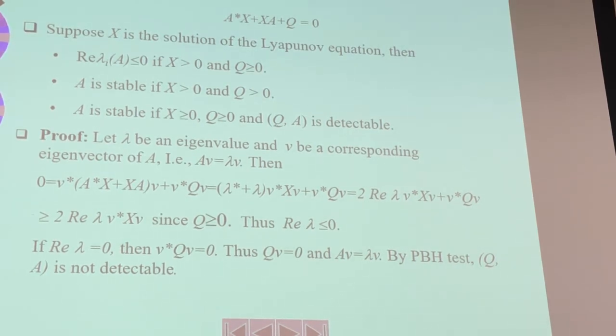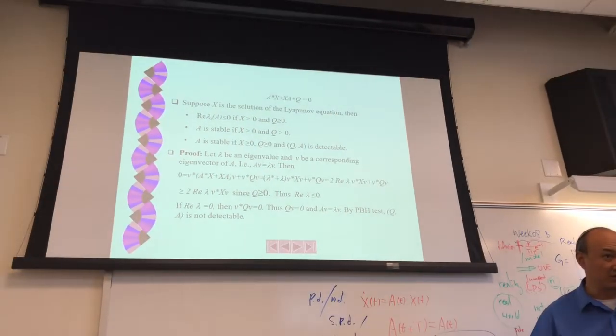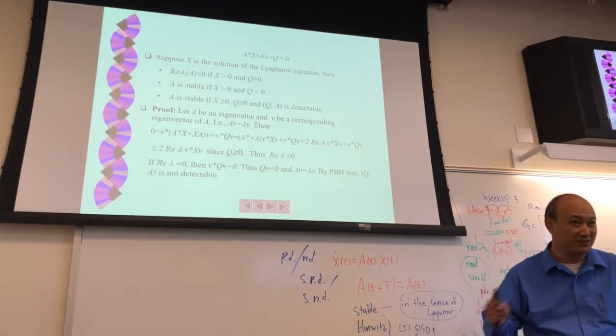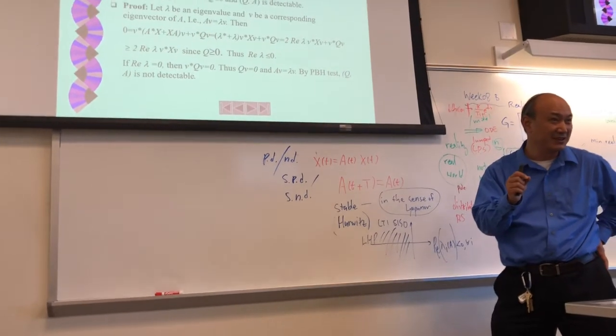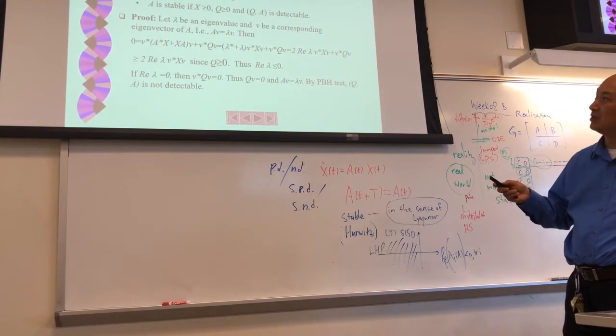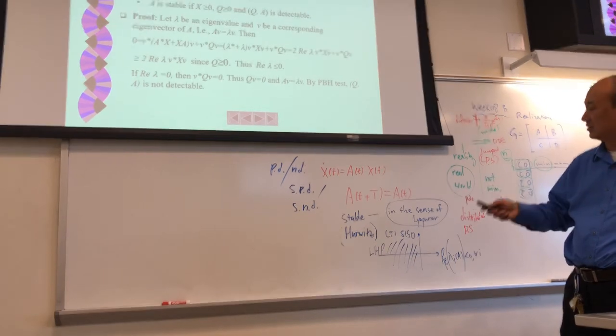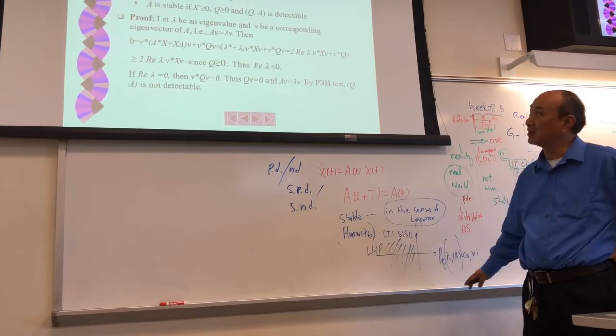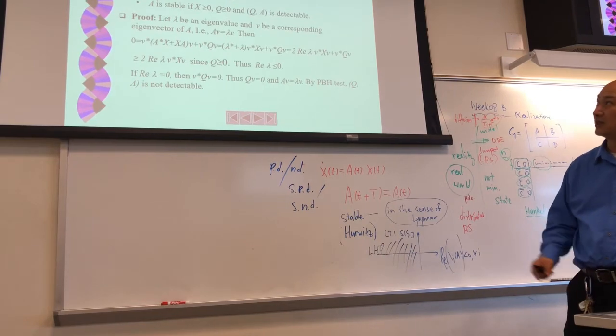Checking the eigenvalues of a matrix A is not an easy task if you compute that. How can I check the real parts of all the eigenvalues are less than 0 without solving it?